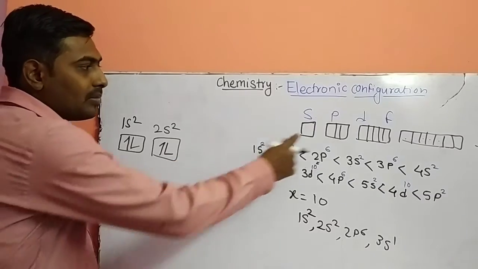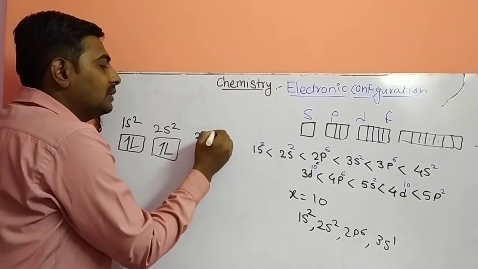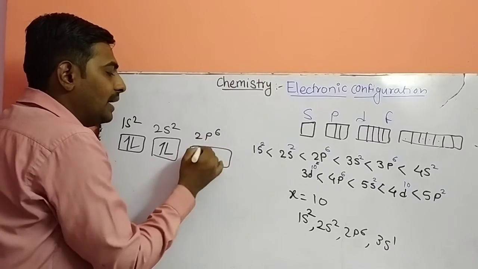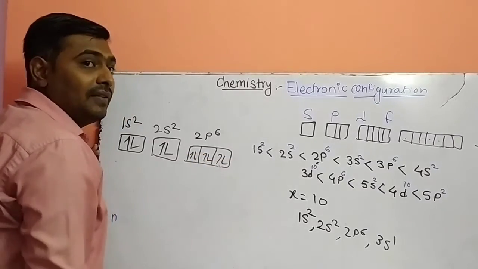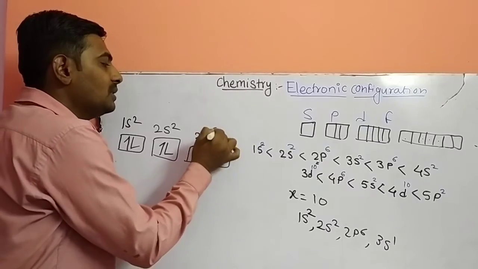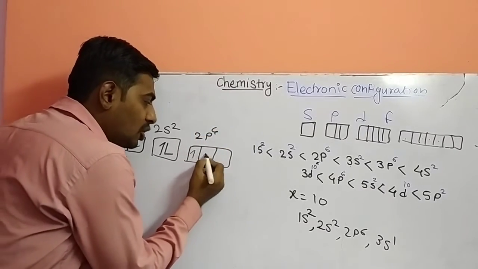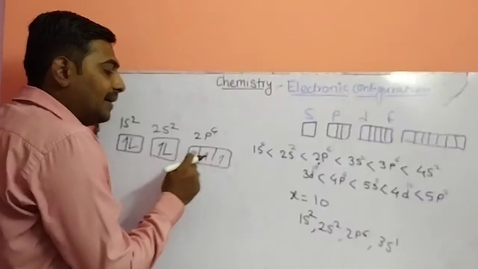So for the p orbital, when 2p6 is there, how are we writing 2p6? 1, 2, 3, 4, 5, 6. When 2p4 is there, at the same time 1, 2, 3 and 4. Why is this 1, 2, 3 and 4?